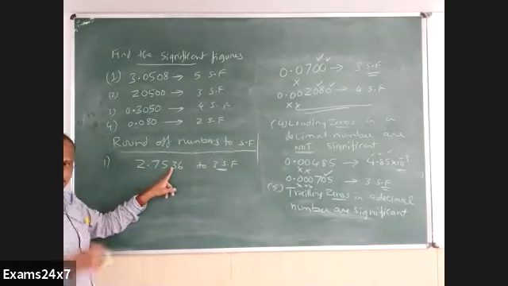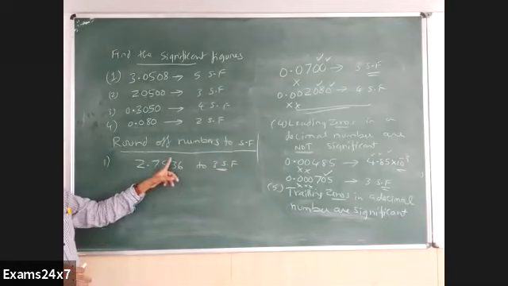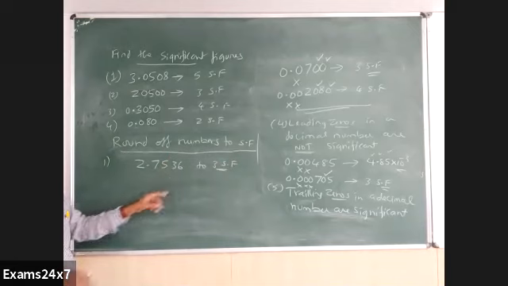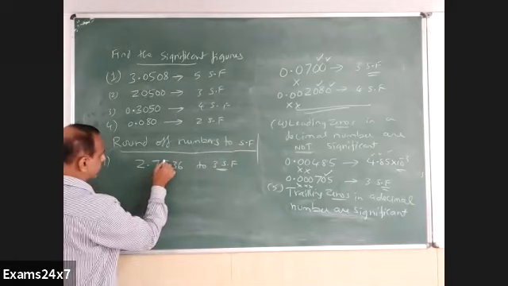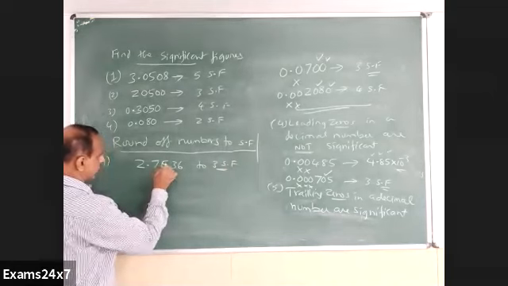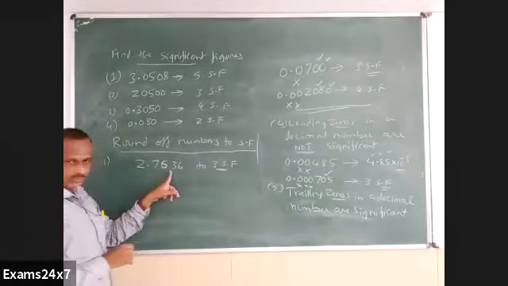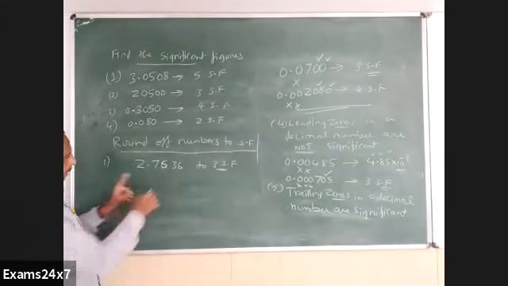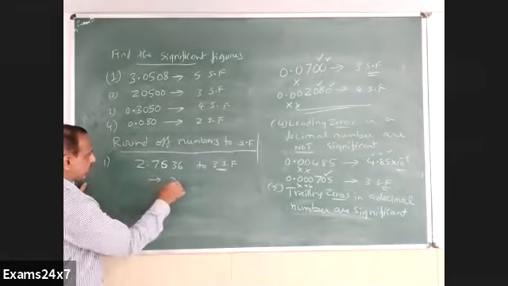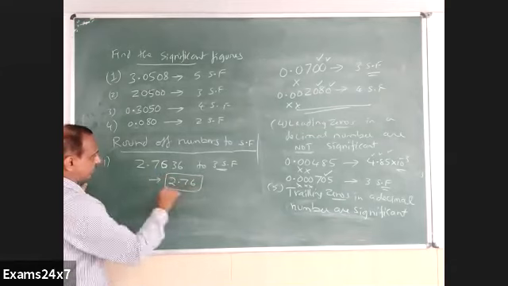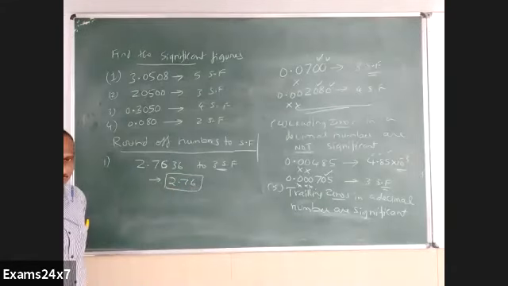Next number, if it is less than 5, what's the rule? Ignore it. You retain this number as 5 itself. Or instead of 5, I think better I make it 6, because 5 is a confusing number. 2.76. I will ignore this one. It becomes simply 2.76 itself as a 3 significant figure number.